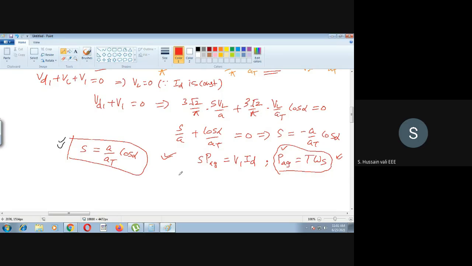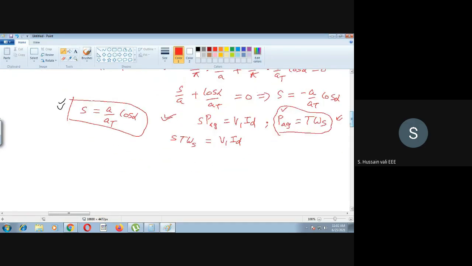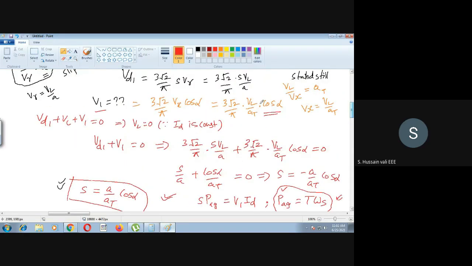Then we substitute here. If you substitute here, what will you get? S into T into omega S is equal to V1 ID. From this we can find out the torque. Torque is equal to V1. What is the V1 equation we got? Somewhere we got the V1 equation.